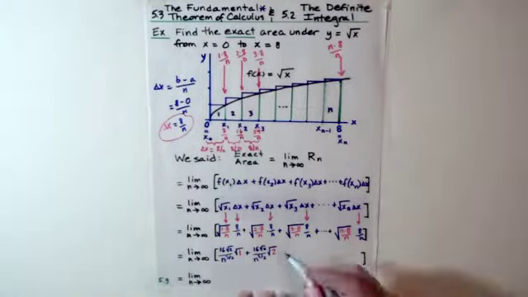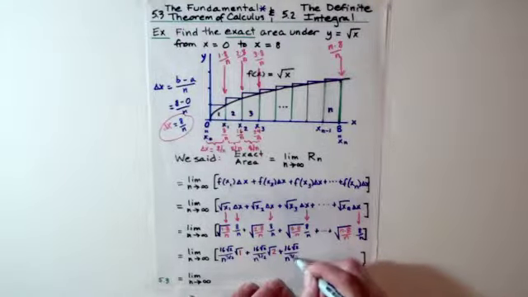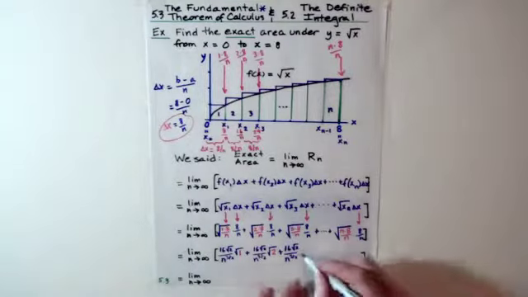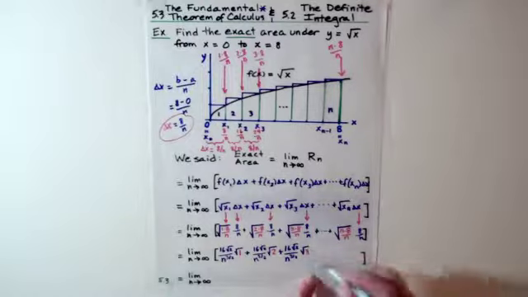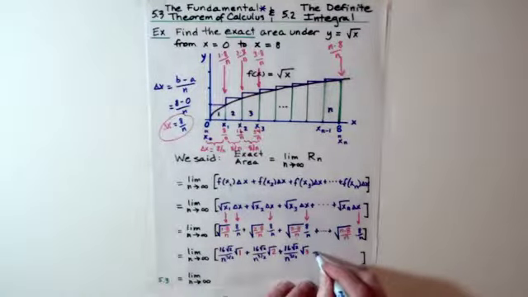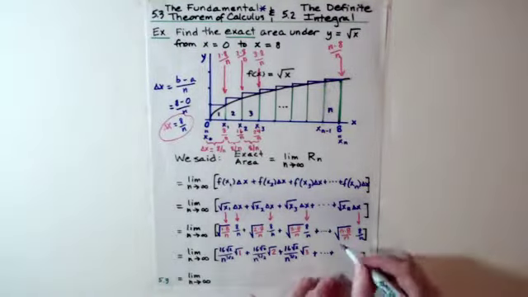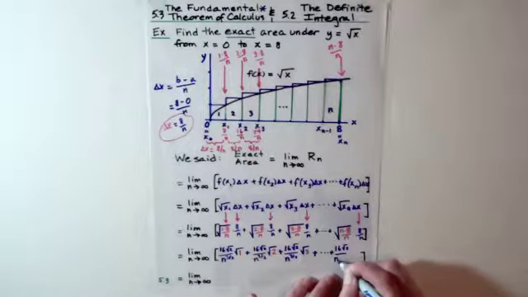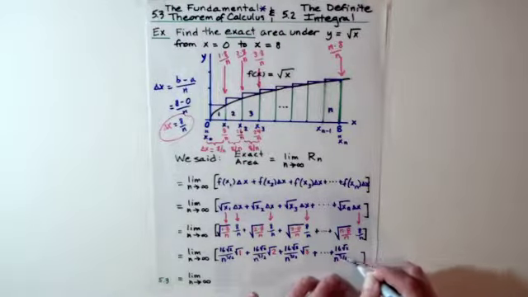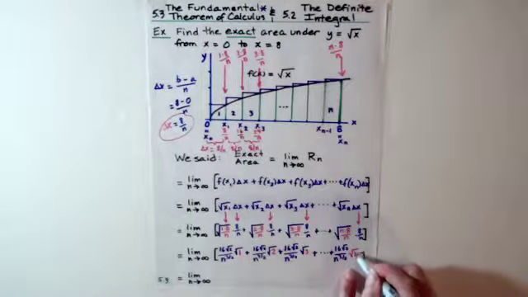And the next term has exactly the same factor of 16 root 2 over n to the 3/2 in it, but it will be times a square root of 3, and so on, up to the very last one, which again has a 16 root 2 over n to the 3/2 factor in it, and what's left over in the last term is a square root of n.